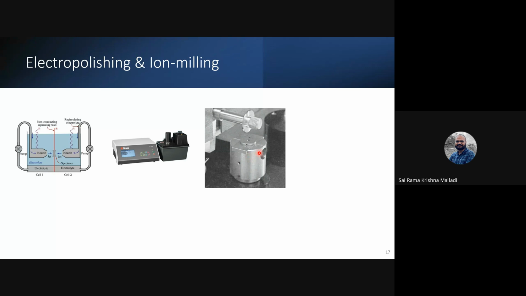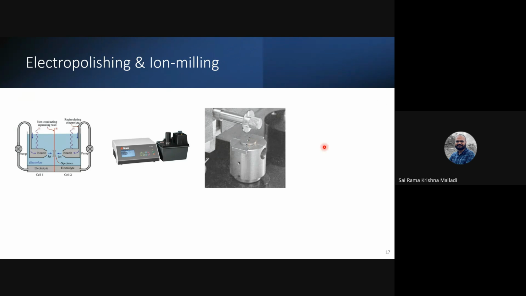Or if I have a cross-section thin film sample, I have to do the same cutting, sectioning, and grinding. I place the sample here, and I have a rotating wheel and a rotating platform. This is called dimpling, and I reduce the thickness of the sample.